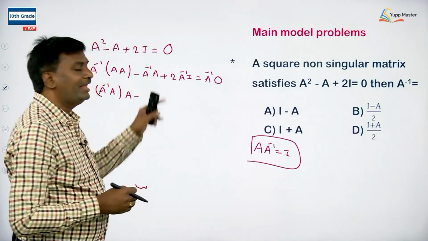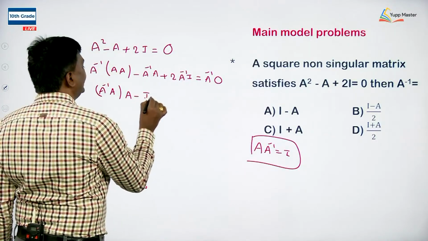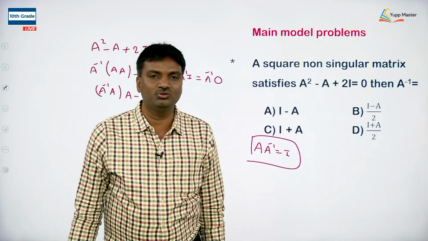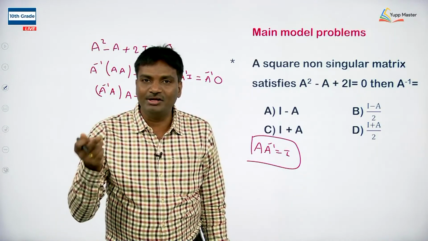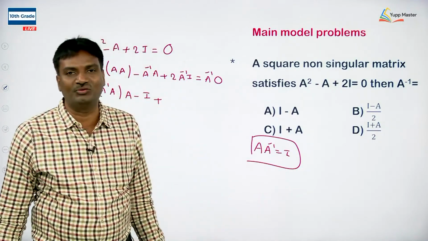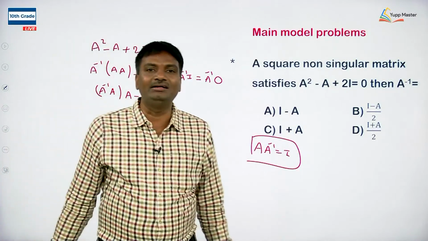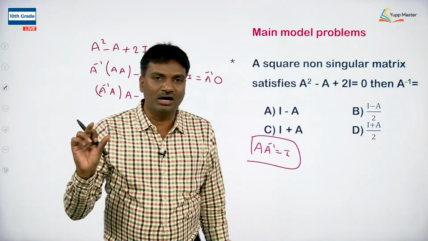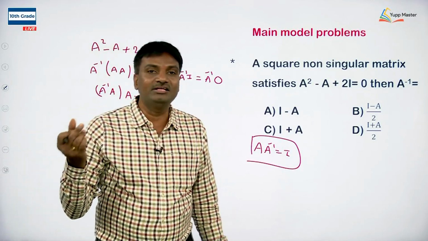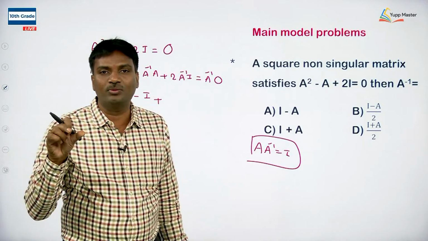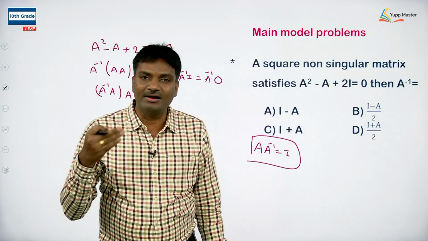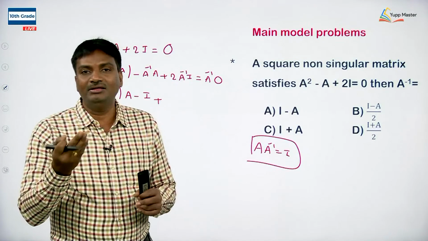So A inverse into A into A can be written as I into A minus I plus 2 into A inverse into I. If you multiply the given matrix by the identity matrix, then you will get the same matrix. That is nothing but A inverse only. Here I is known as the multiplicative identity. According to the properties of multiplication of matrices, if you multiply the given matrix by an identity matrix, again you will get the same matrix.